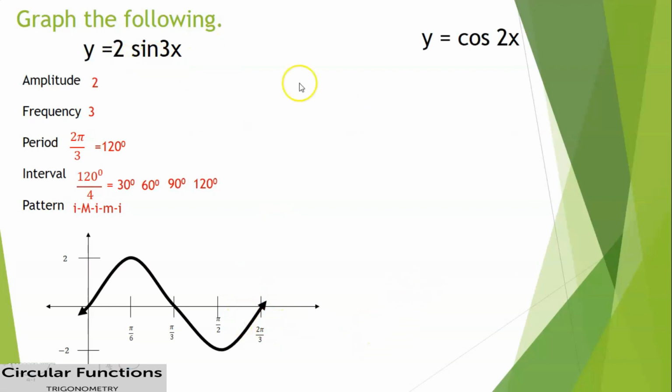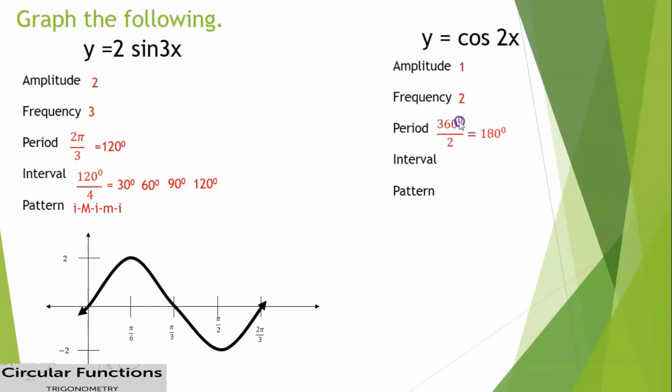Okay, another. Graph y is equal to cosine 2x. In this case, the amplitude is 1, the frequency is 2, so the period here is 360 divided by 2, so it's 180 degrees. The interval is 180 divided by 4, and the result is 45. To get the succeeding intervals, just keep on adding 45.